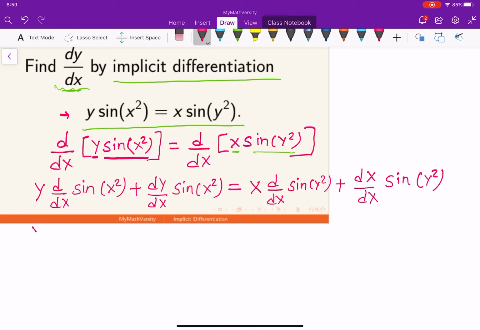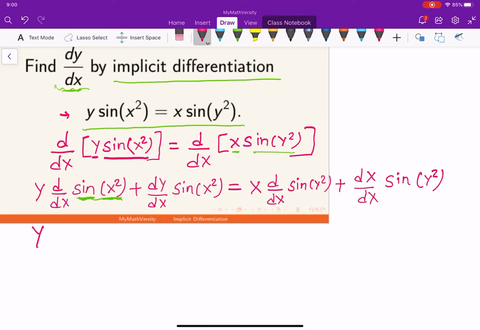So now we have y as it is, and then the derivative of sine of x squared with respect to x can be figured out by using the chain rule, right? Why? Because the sine function is composed with x squared, and whenever we have a composite function, we can use the chain rule.